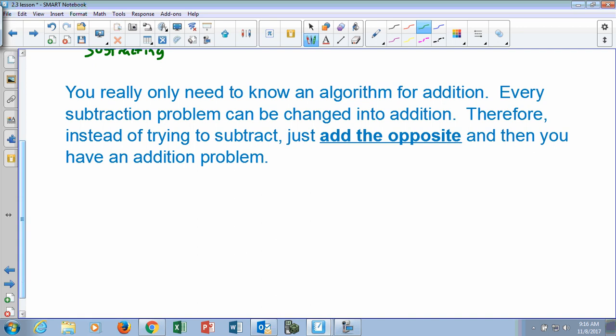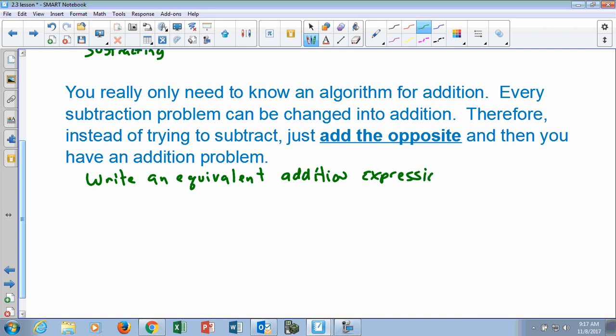So let me give you a couple little challenges. You can write these in the spaces below. Here's what I want you to do. You're going to write an equivalent addition expression for the subtraction I'm going to give you, and then you're going to solve it, which means you're going to give me an answer. I'm going to give you 3 questions. Ready?